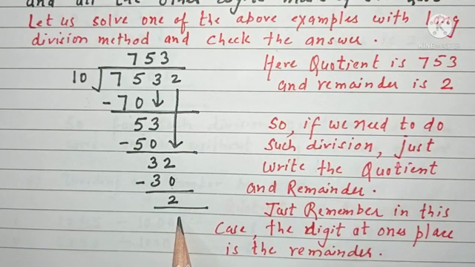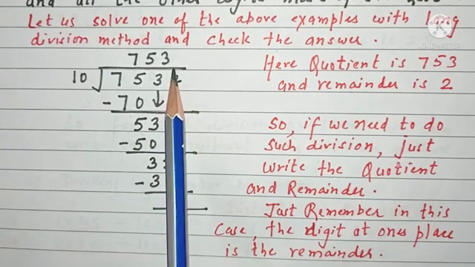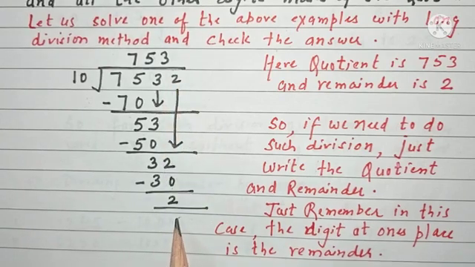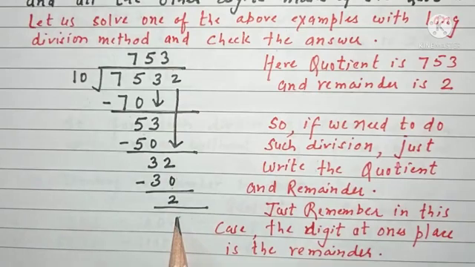Now you can see that 753 is the quotient and 2 is the remainder. So here when any number, whether it is 2-digit, 3-digit or 4-digit, is to be divided by 10, the remainder is always the number at the ones place and the rest of the digits make up the quotient.